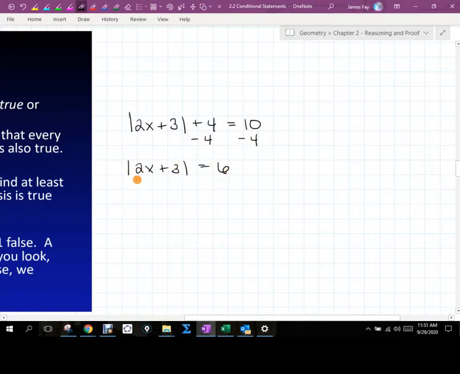Now, do you remember what absolute value meant to us? Absolute value by definition is the distance something is from 0. And distance always has to be what kind of number? It always has to be positive.